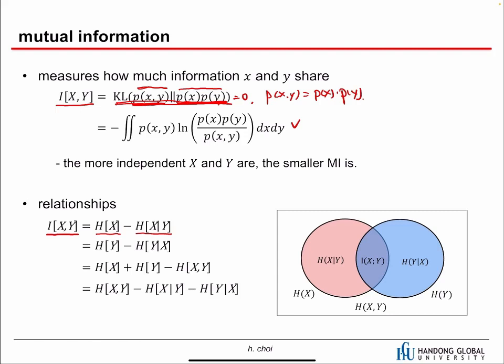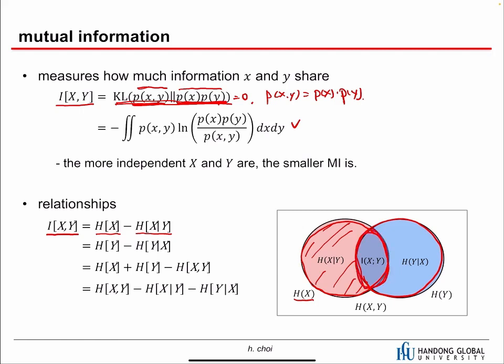And let's take a look at this Venn diagram. This circle indicates the amount of information that X has, which is H(X), and this one is H(Y). This red part is H(X|Y), which means when Y is given, then Y is already known, so this part is certain.